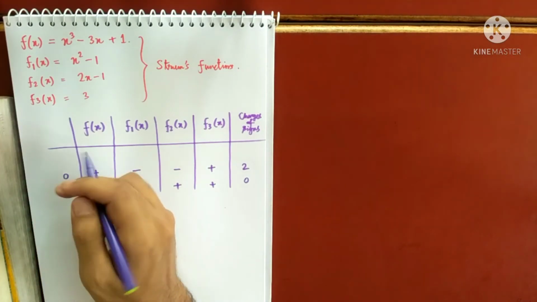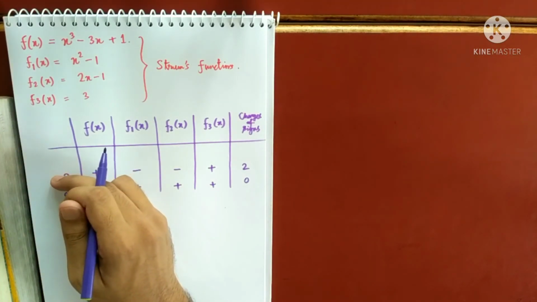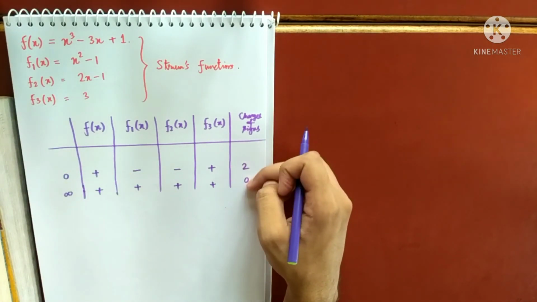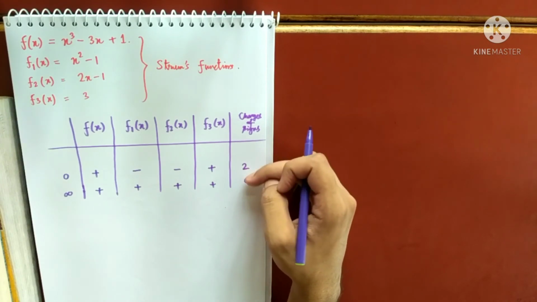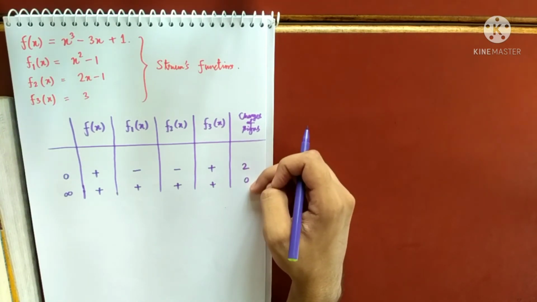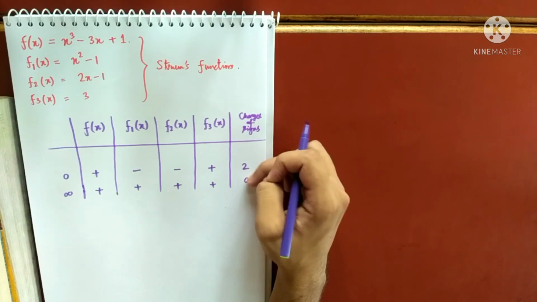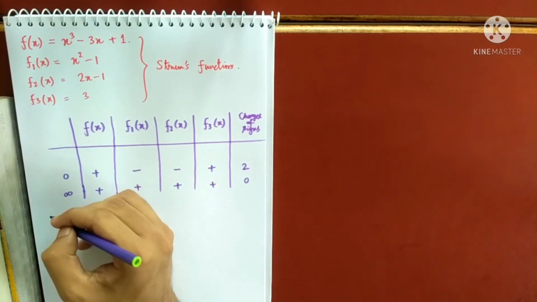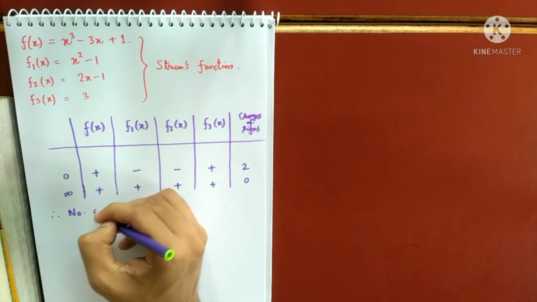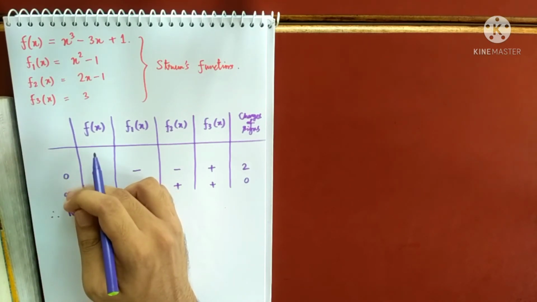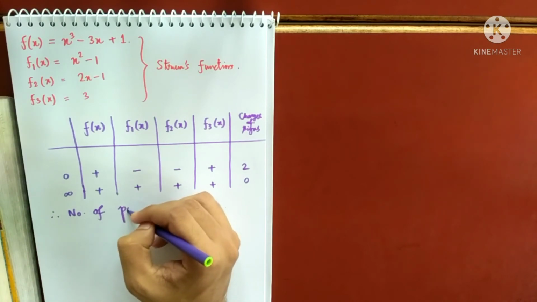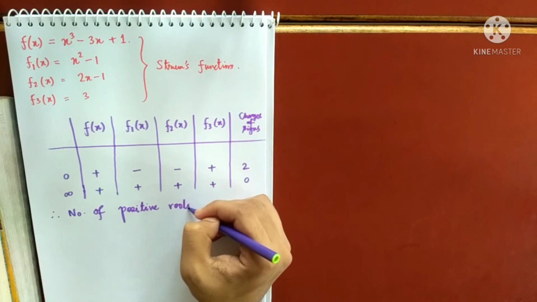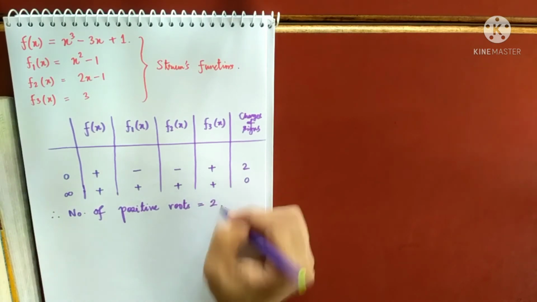So the number of roots lying between 0 and infinity is 2, because you take the difference. Even if it is 0 here, the number of roots between 0 and infinity will still be 2. Any root lying between 0 and infinity is positive, so the number of positive roots is equal to 2.